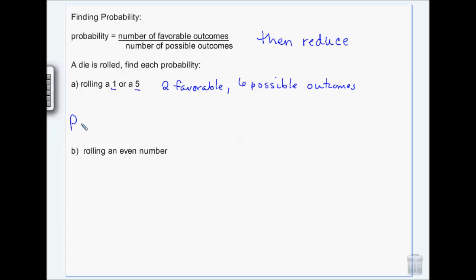So my probability is 2 over 6. 2 favorable, 6 total possible, and both of these are even, so I can reduce it by dividing by 2. So my probability is 1/3, 1 over 3.